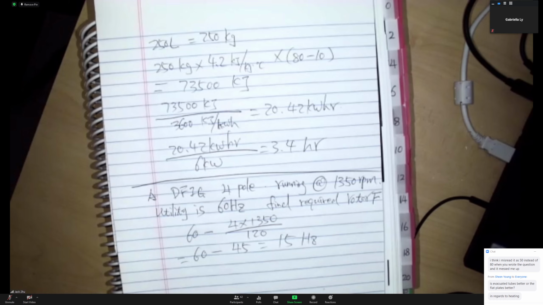They both have advantages and disadvantages. So I think I have some pictures I can show you.